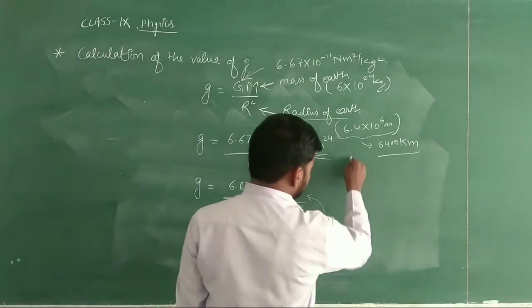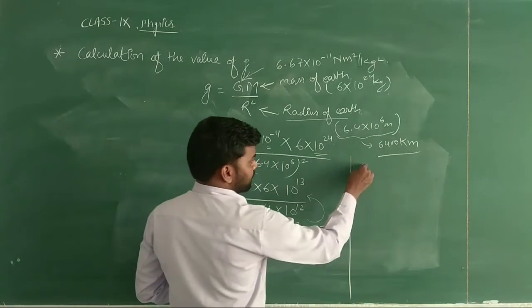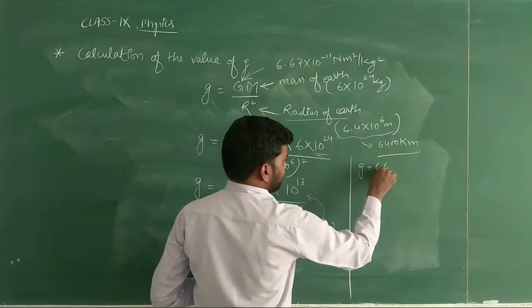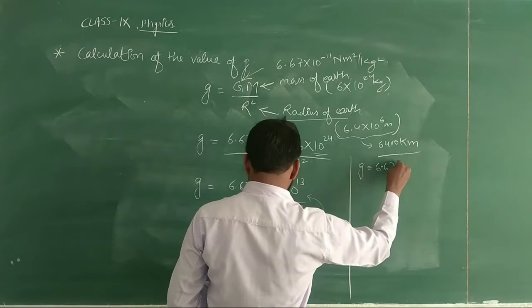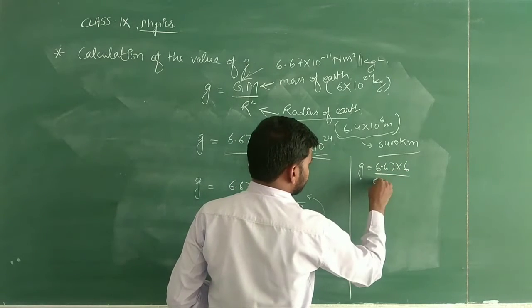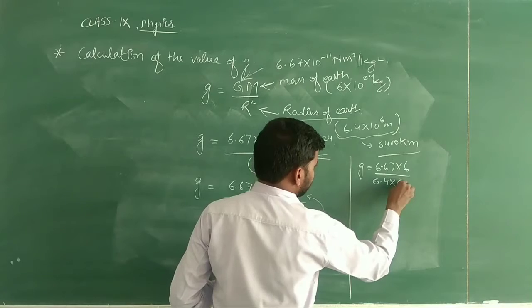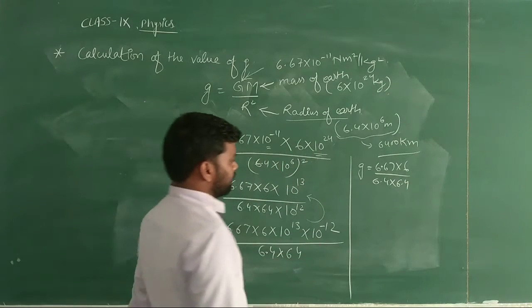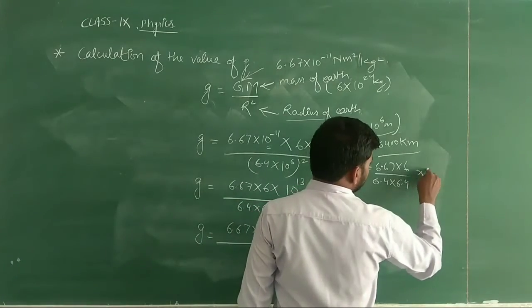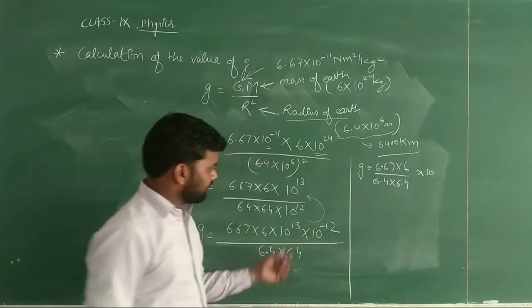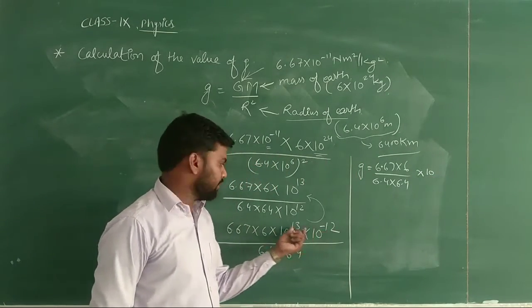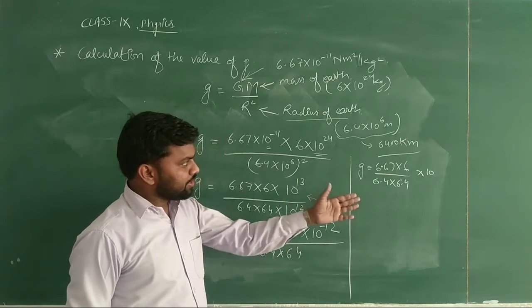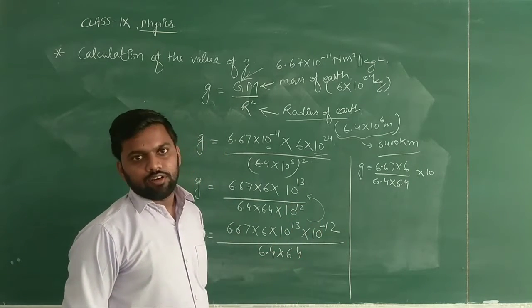If we solve it further, we get small g equal to 6.67 multiplied by 6 upon 6.4 into 6.4. We subtract 12 from 13 and get only 10 to the power 1.